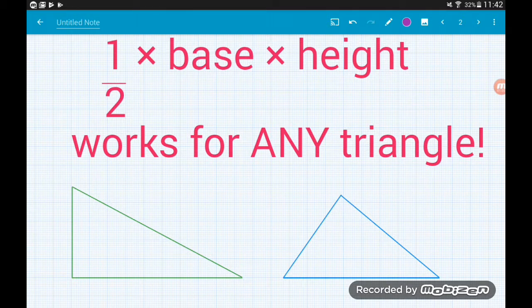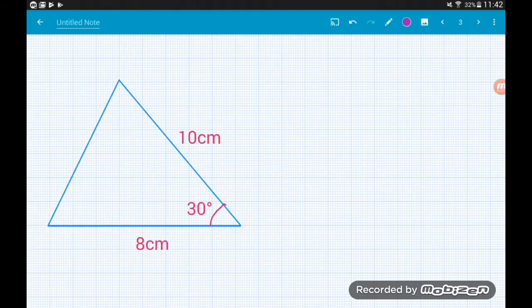Now the problem we're facing in this video is that we don't necessarily know both of those two lengths. So it's trigonometry to the rescue. But again, 1/2 base times height works for any triangle you ever come across as long as you know the base and the height. Okay, let's get cracking then.